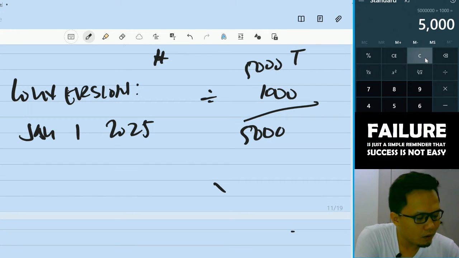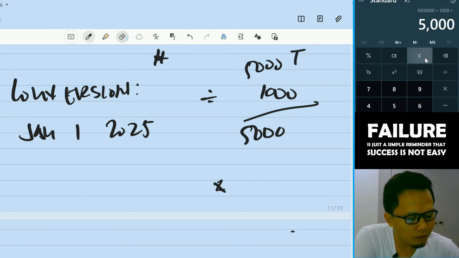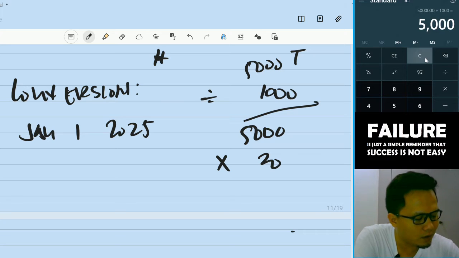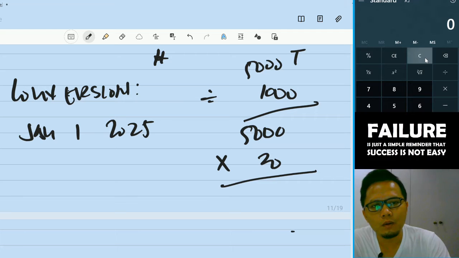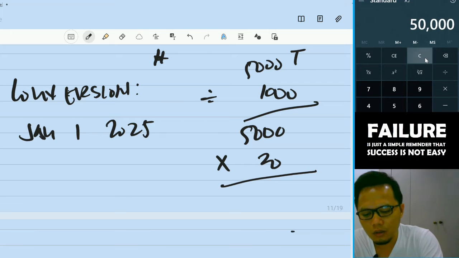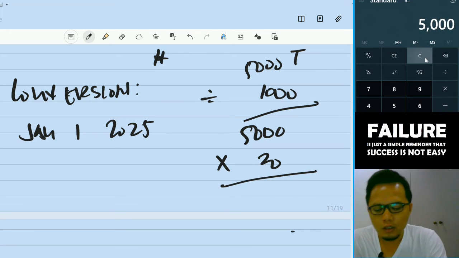Ganun siya. Then, that can be converted into 20 shares per 1,000 bond. So, 5,000 times 20. The 5 million bond can be converted into how many shares?